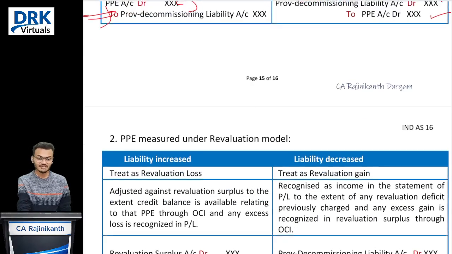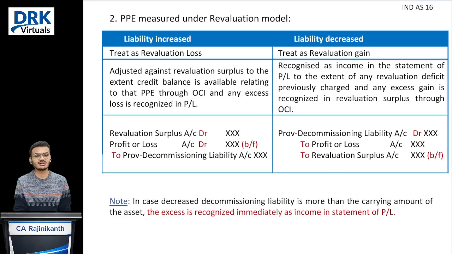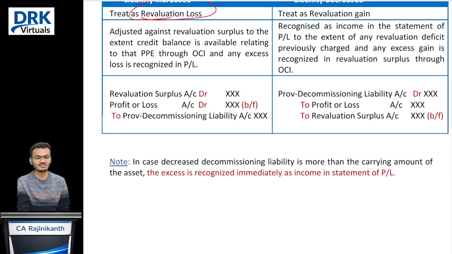So that's it. If it is a revaluation model, we are subsequently measuring our asset as per revaluation model, how to deal with it? You just treat it as a revaluation surplus or revaluation deficit. Suppose our liability is increasing, assume it is a revaluation loss, do the accounting as a revaluation loss only. If an earlier revaluation gain is there, recognize that revaluation loss in the revaluation surplus to the extent of balance available and the remaining you recognize in profit and loss account.